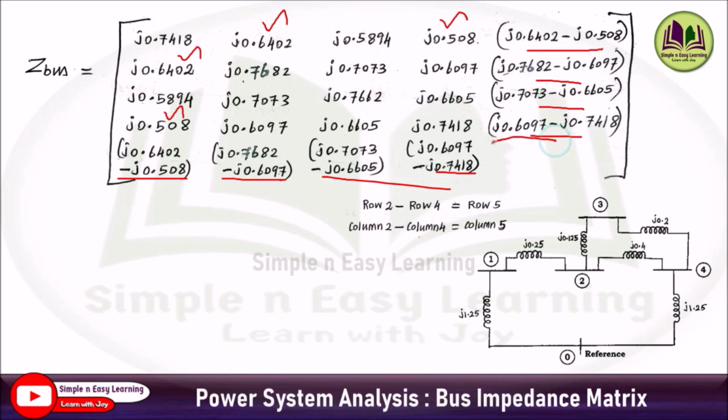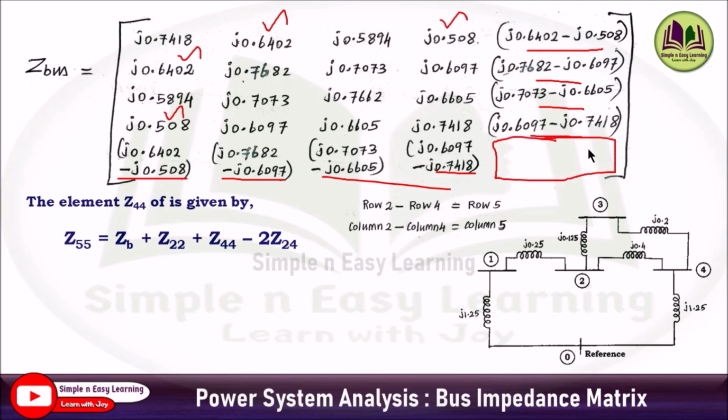The final value is obtained by using a formula. The element Z55 is given by Z55 equals ZB plus Z22 plus Z44 minus 2 into Z24. This formula is easily arrived at by considering the buses between which the reactance is connected. Here that reactance J0.4 is connected between bus 2 and 4, so you consider Z22 and Z44, minus 2 into Z24.